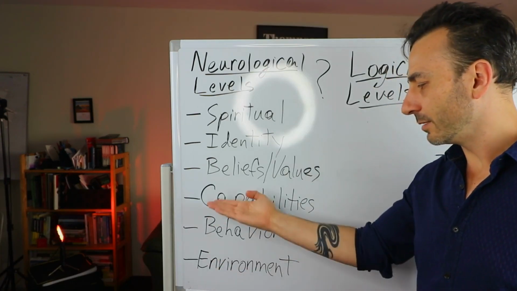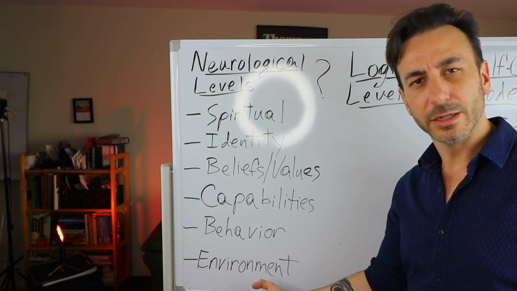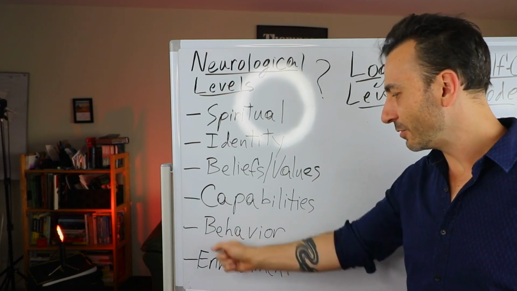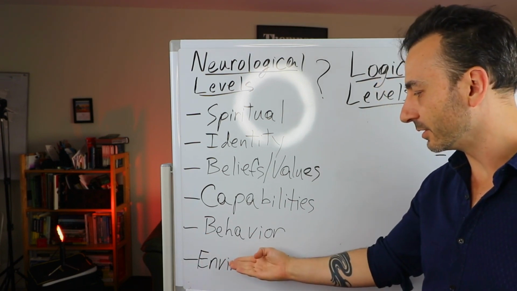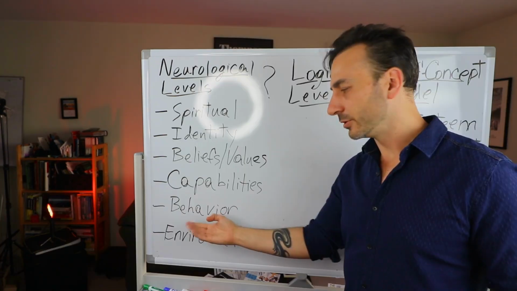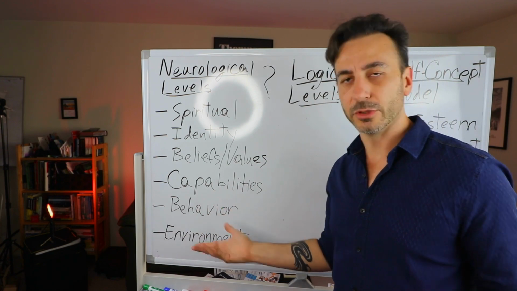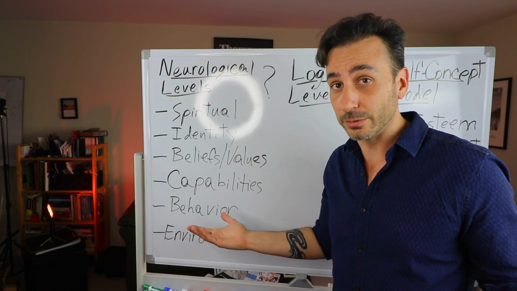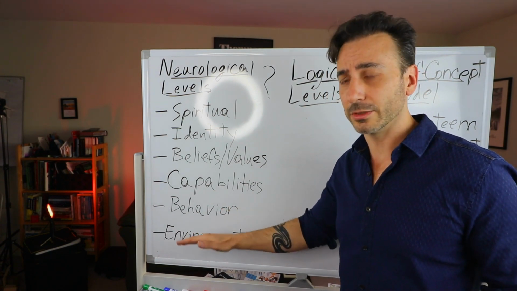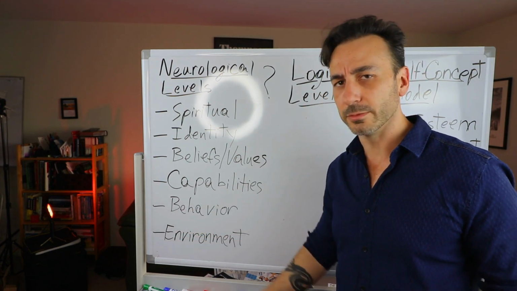Well, what if we went up the logical levels on environment? There is no logical connection to behavior. There's nothing here that goes logically from environment to behavior. Sure, anytime you're behaving in a certain way, it's going to be in some sort of environment, true, but there's no logical progression from environment to behavior.